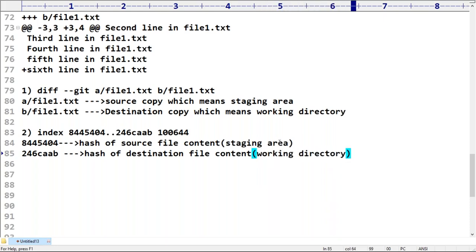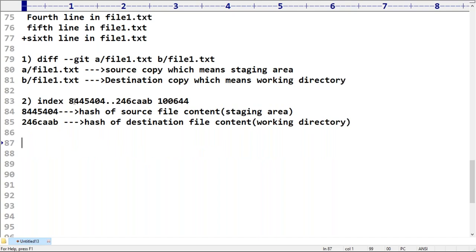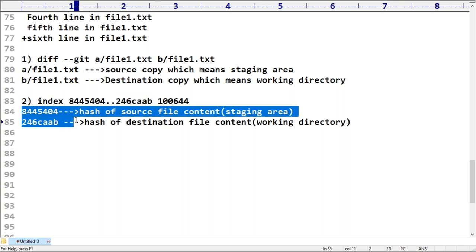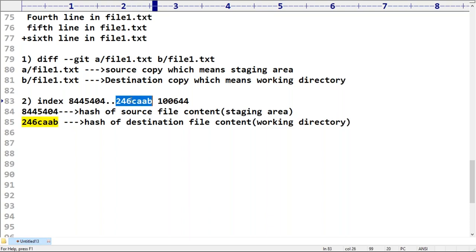So this is the hash of the source file content, and this is the hash of the destination file content. We are never going to use these two things. Don't worry at all, and don't feel these are the commit ids. No chance at all, these are not commit ids.